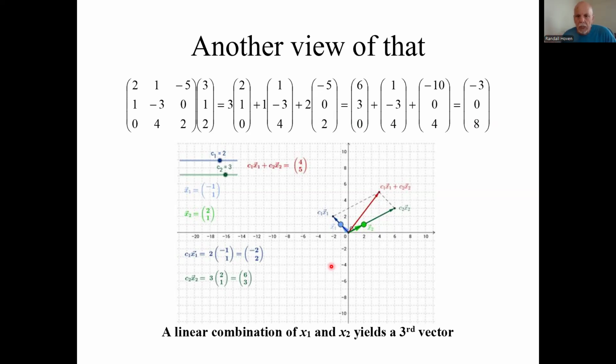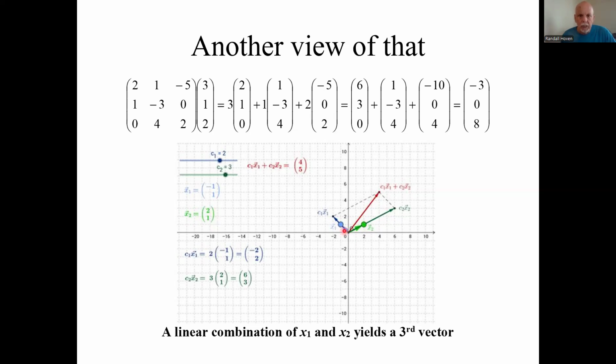And here's a geometric interpretation, which we can do in like 2 or 3 dimensions. Actually, this is a 2-dimensional view. It's not the same vectors as up here. But what's going on geometrically with the linear combination? I have a little vector here going out to the circle. It's minus 1, 1. I have another vector here going out to the green circle. It's 2, 1.